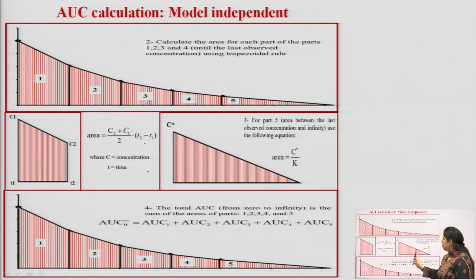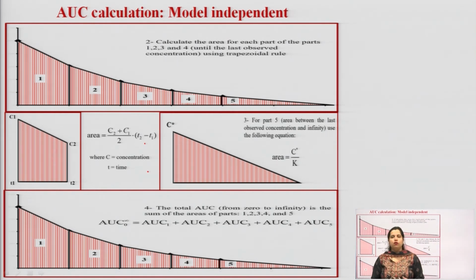So, using the results obtained from these equations for parts 1, 2, 3, 4 respectively, and this equation for part 5, you will sum up all the AUCs and you will get the AUC from point 0 to infinity. This is how you calculate area under the curve using the trapezoidal rule, and this rule is basically used effectively for identifying AUC.